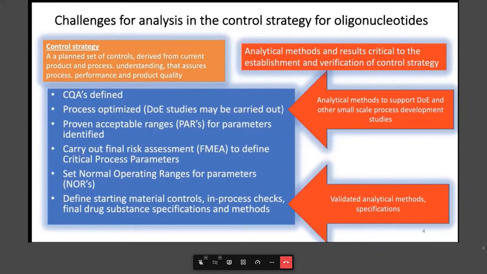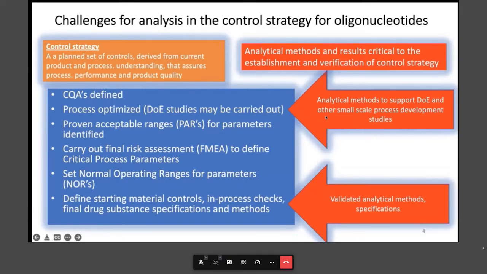This slide really talks about where the analytical challenges come in with respect to oligonucleotides, and in the red I really am talking about the fact that these methods are absolutely critical to the establishment and verification of our control strategy, which is a planned set of controls derived from current product and process understanding that assures process performance and product quality.